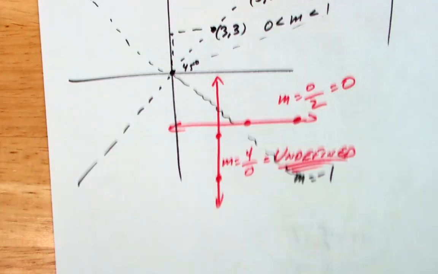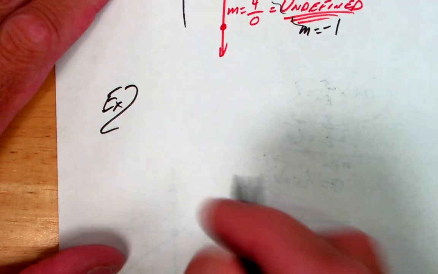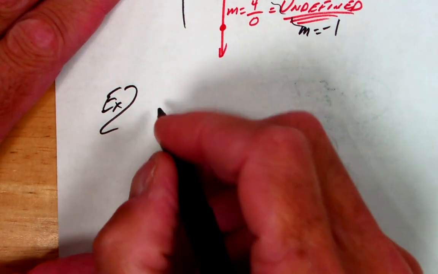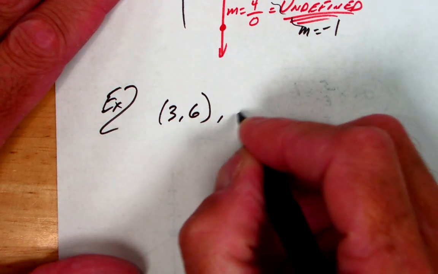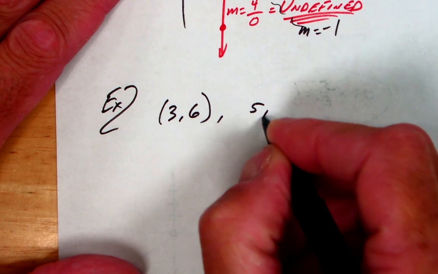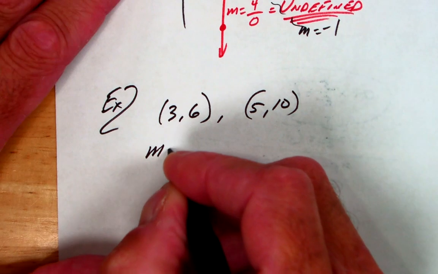Okay. So now what if I did this? What if I just gave you points instead? 3, 6, and 5, 10. And I wanted to find my slope.